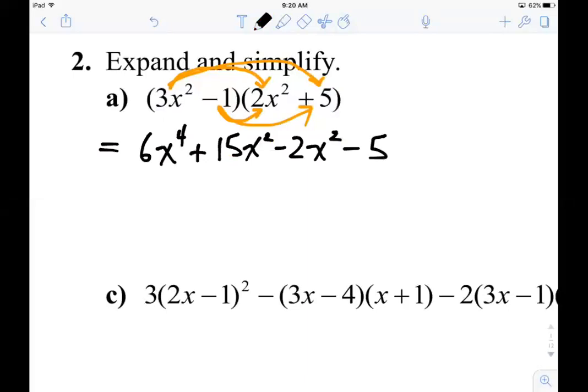Those are just the 4 pieces I get from doing those 4 little orange arrow multiplications that I demonstrated. But now what you'll often see happen with these situations is that the 2 middle terms in this case happen to be like terms. They can be combined together, and so my final slightly simpler form of this is 6x to the power of 4 plus 13x squared minus 5.